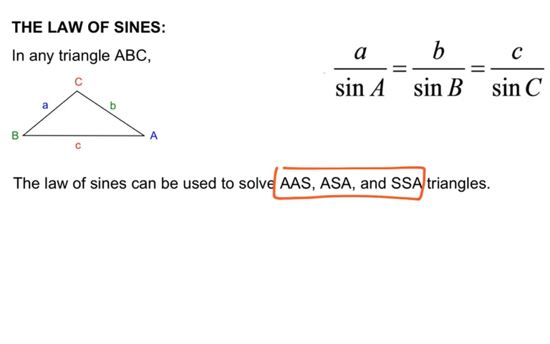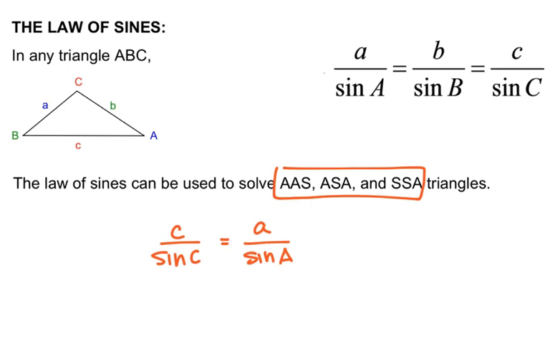And so, as I said, we only need a proportion, which means we need two ratios that we are comparing. So I could say c over the sine of C equals a over the sine of A. That's kind of our setup for using the law of sines.